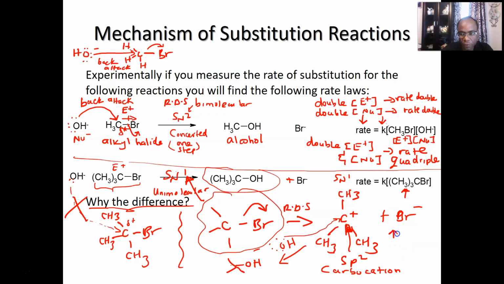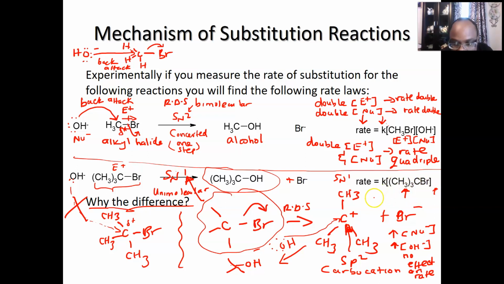Now, if you increase the concentration of the nucleophile, which means you increase the concentration of OH minus, there's going to be no effect on the rate of reaction. Why? The OH was used in the second step, not the first step. And in fact, the OH is not part of the formula here. Only the concentration of the electrophile.